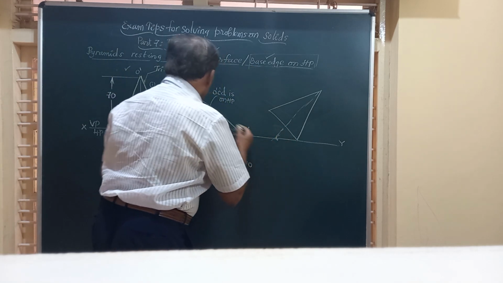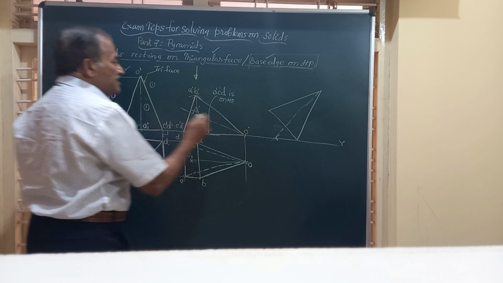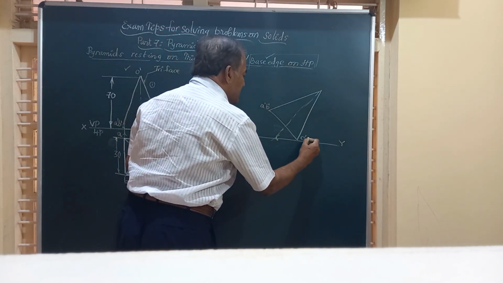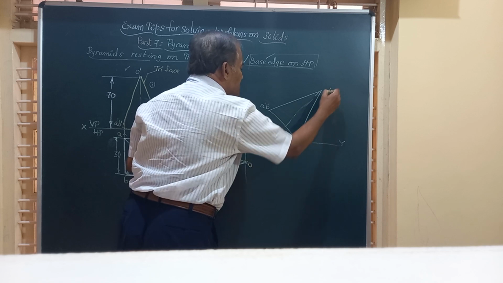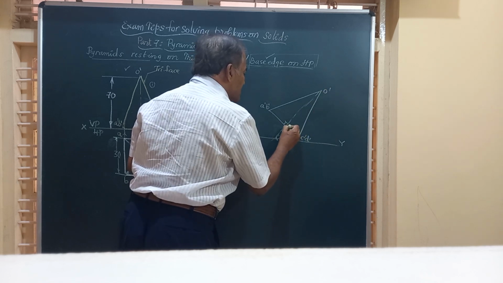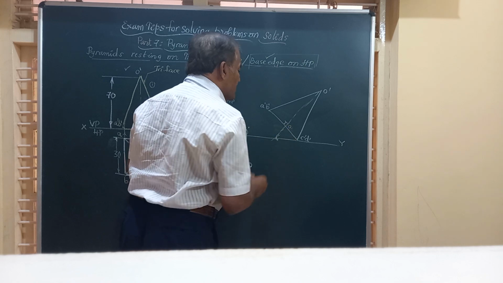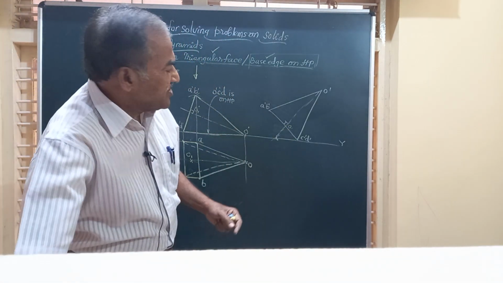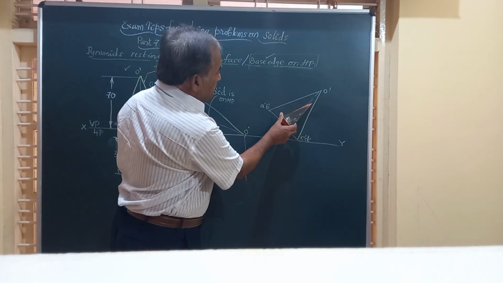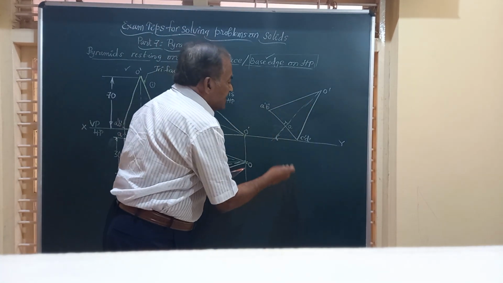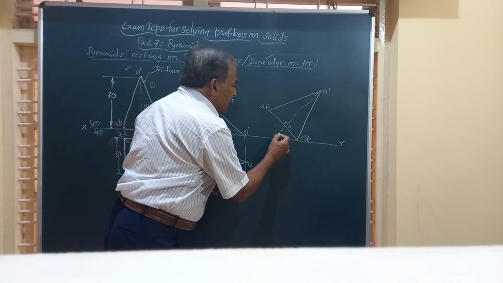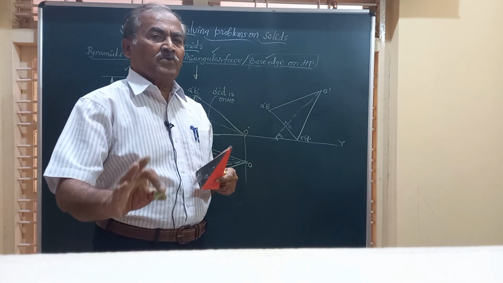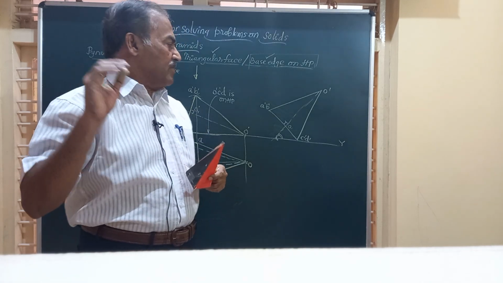Friends, here I am marking this as A dash, B dash. This is C dash, B dash. This is O dash, so the vertex, and this is O1 dash. Now friends, if you observe this figure, the pyramid is resting on the edge CD such that the axis is at some angle to HP, and that angle will always be specified in the problem.